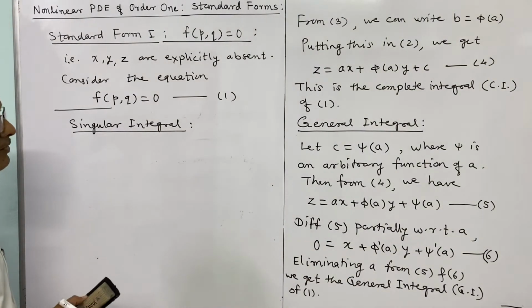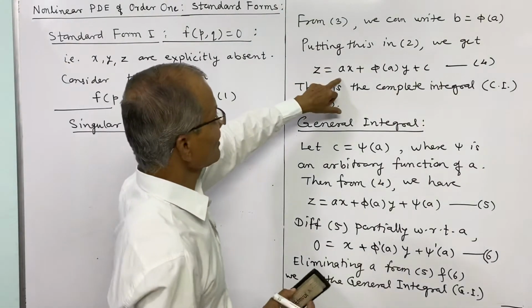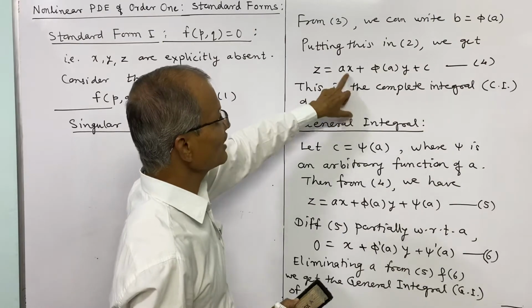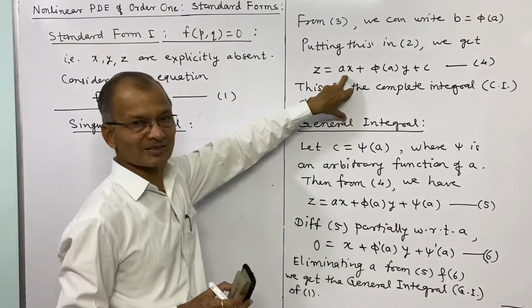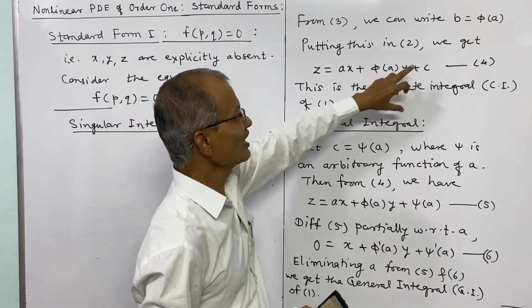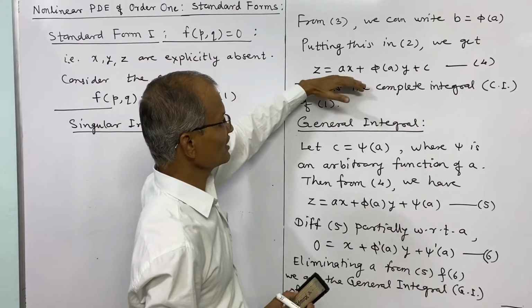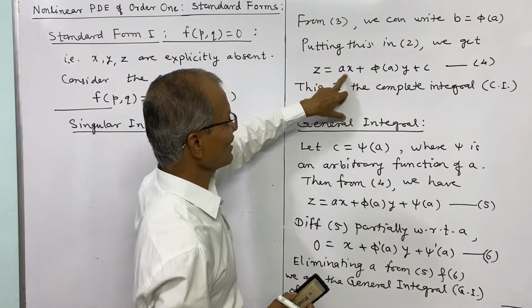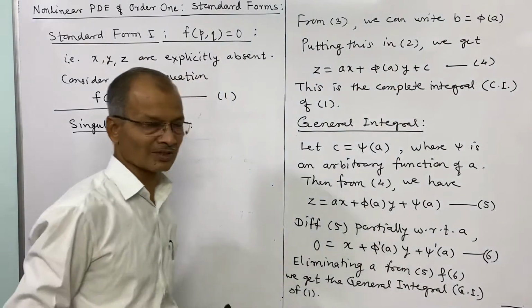And there we have to consider c as a function of a again, and then we will have to differentiate. So this relation is the complete integral, and this is to be considered in two arbitrary constants a and c. So we have to differentiate this z first with respect to a and next with respect to c.